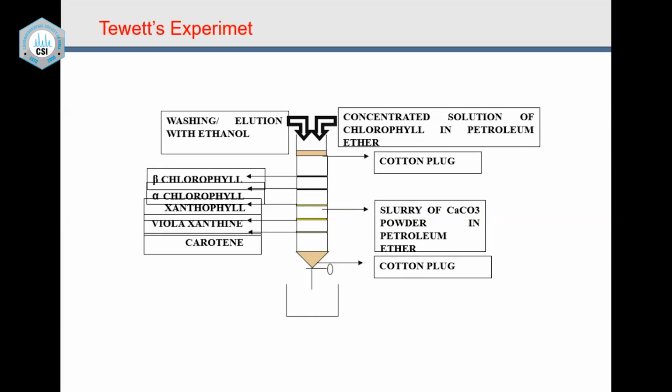The property of chalk powder was very important, and because of the different adsorption happening on the surface of chalk powder, Mikhail Sweat got the separation in that order. So in this column, he separated these 5 components on the basis of the adsorption phenomena of these components on the column material when the column was washed with the mobile phase of petroleum ether.